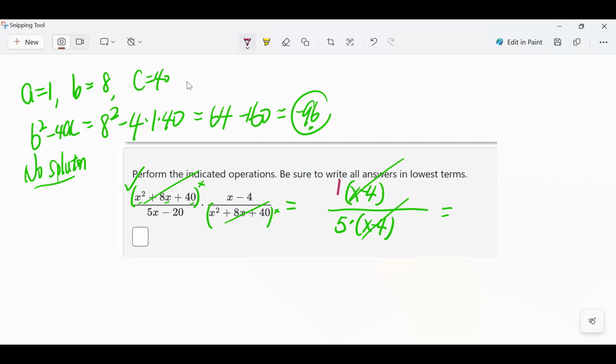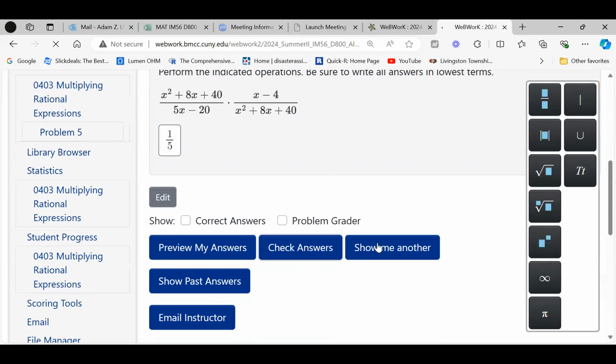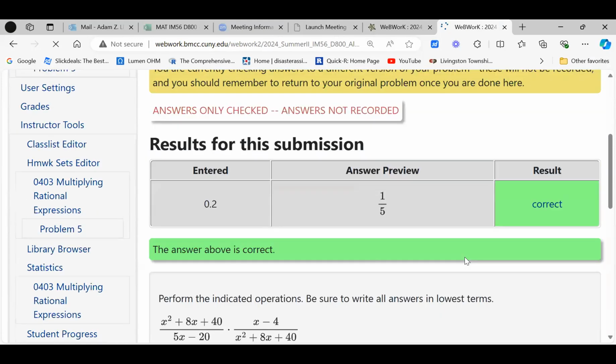When you cancel the term, that invisible 1 remains, so it should be 1 over 5. That's the correct answer. This gives us a note on how to deal with this kind of problem. So the answer is just 1 over 5. Let's check it. Okay, it's good.